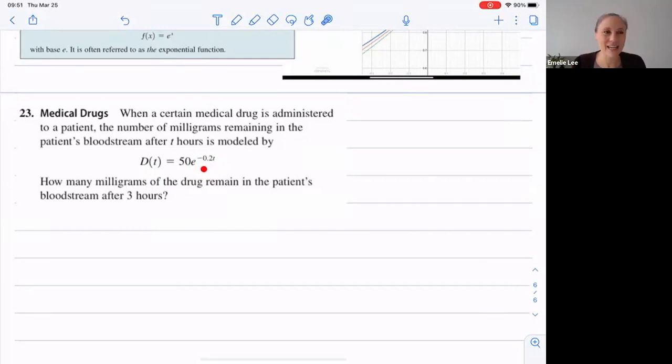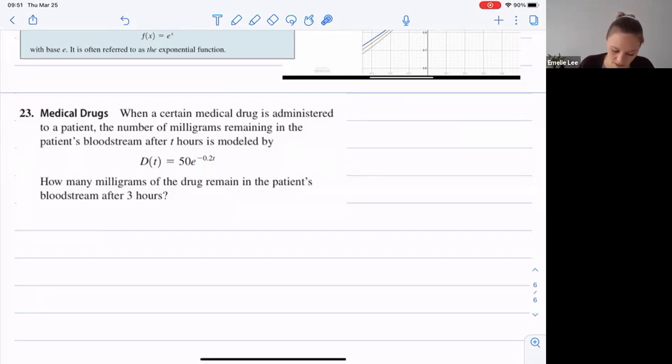So then negative 0.2, remember the negative actually bumps the e down to the denominator. So it's actually 50 times 1 over e to the 0.2 t. We don't need to worry about that, but that makes our base between 0 and 1, right? So just kind of explaining why it's decay.